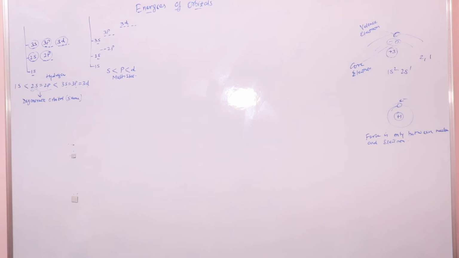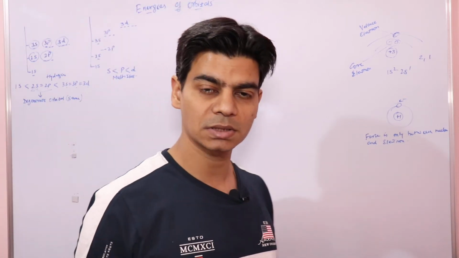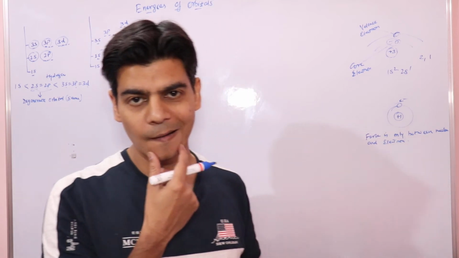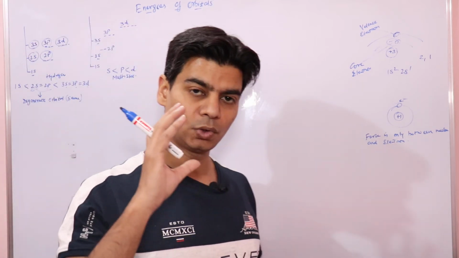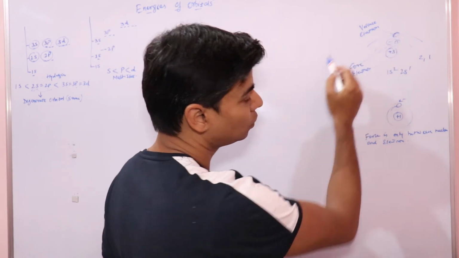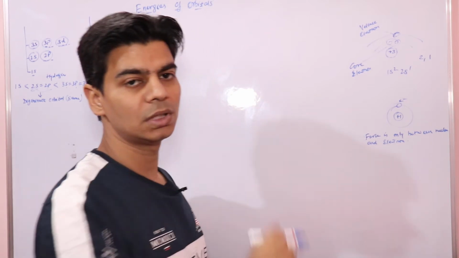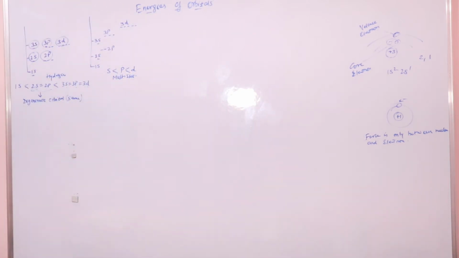We see that repulsive forces may destabilize the atom, but we know that an atom like lithium is stable. Why? Because the total attractive force between the nucleus and the outer electron is more than the repulsive forces. That is why the atom is stable.